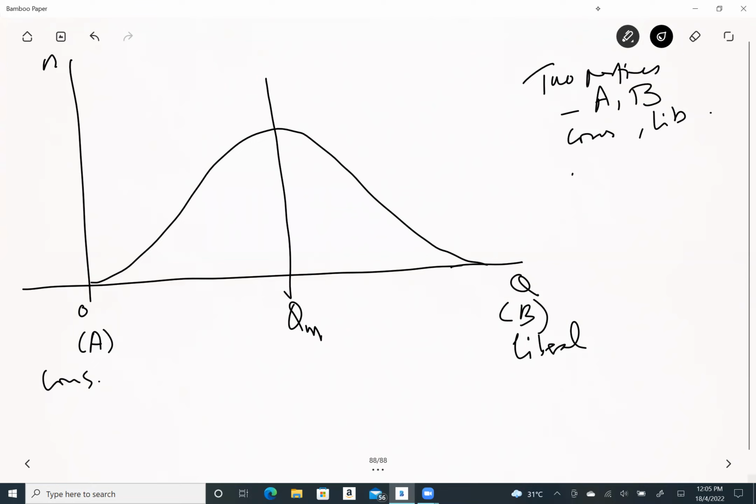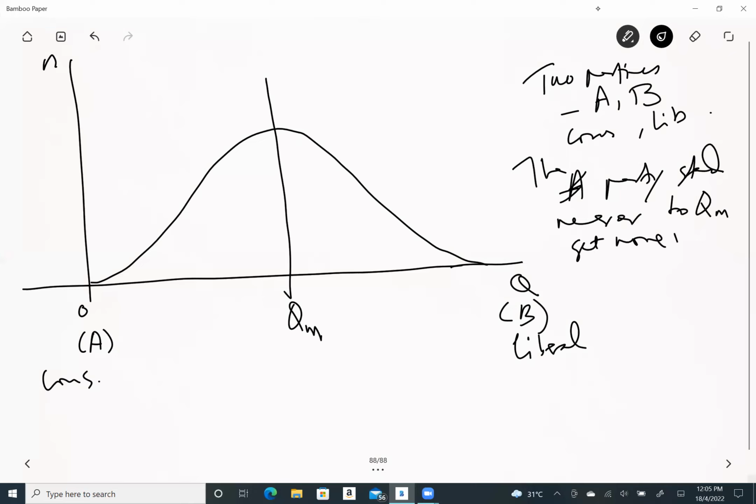So our argument was, the party that takes a stand nearer to QM gets more votes and increases its probability to win. Now, suppose we do this.